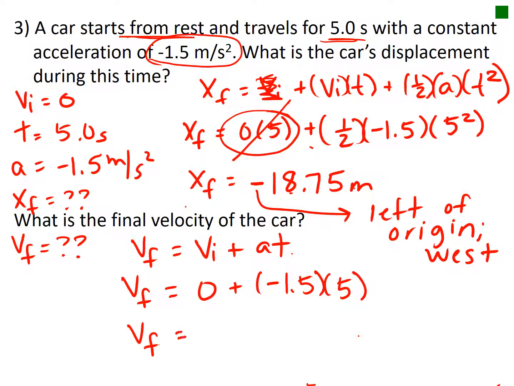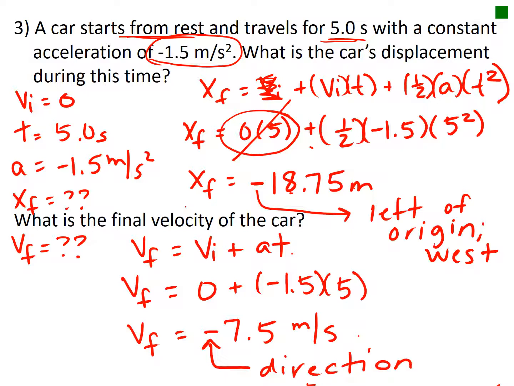So VF equals negative, I believe that's 7.5 meters per second. And again, that negative is because of the direction.